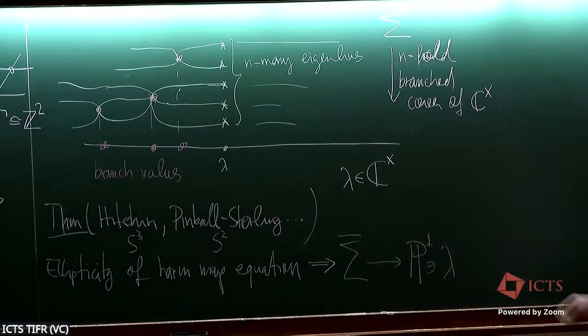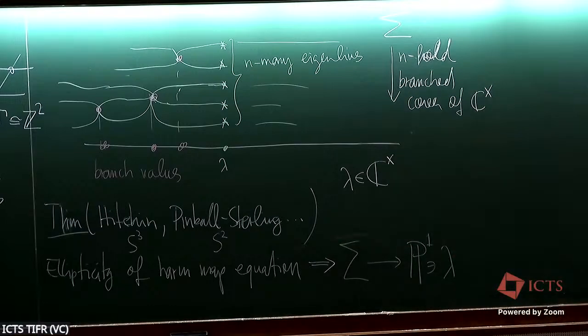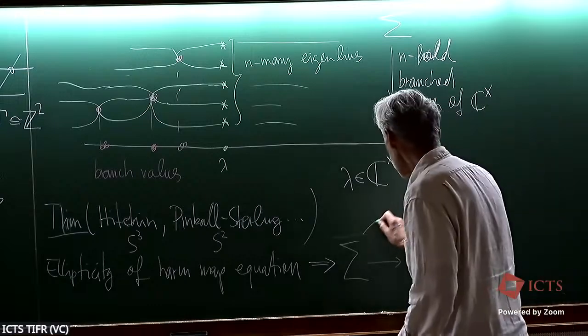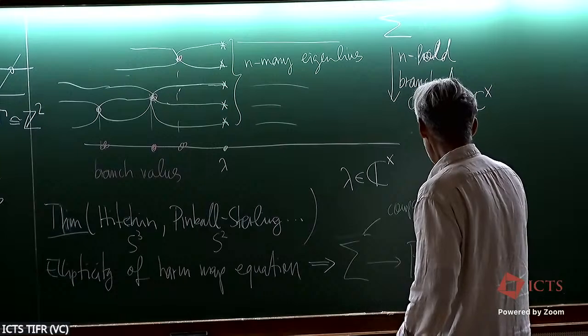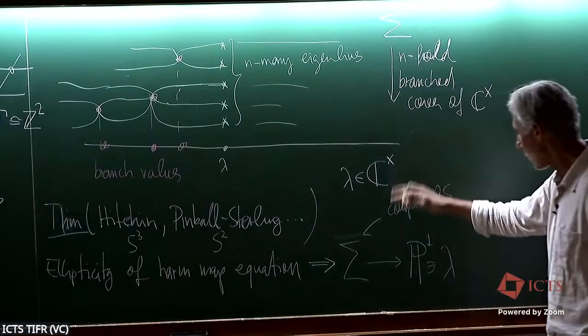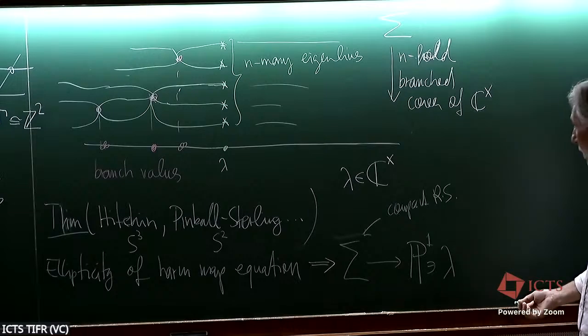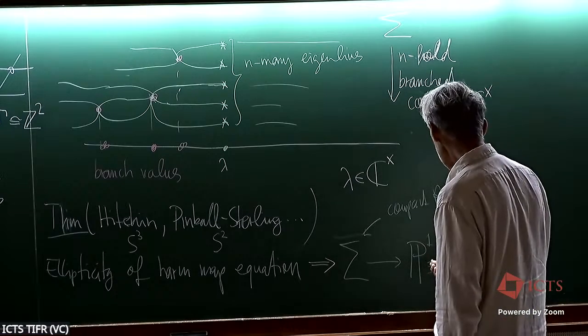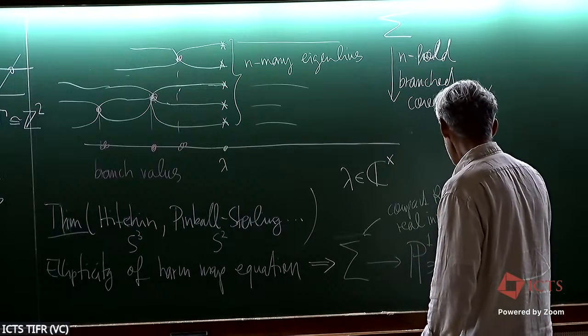I put a bar over it, but I delete it immediately. I don't want to schlep a bar around. So sigma is now a compact Riemann surface, degree n branched over P1, and it has a real involution.